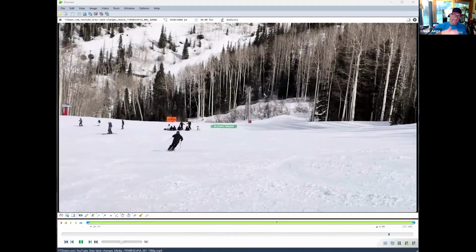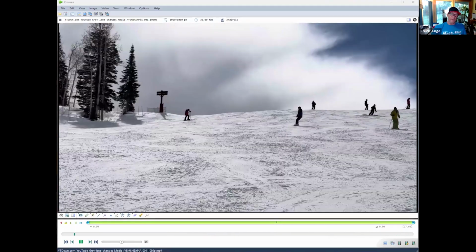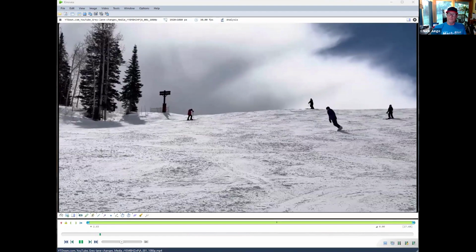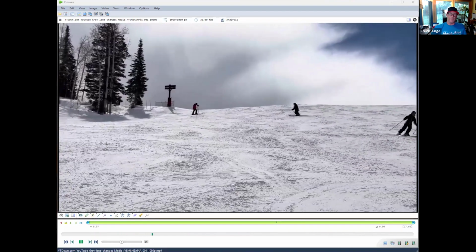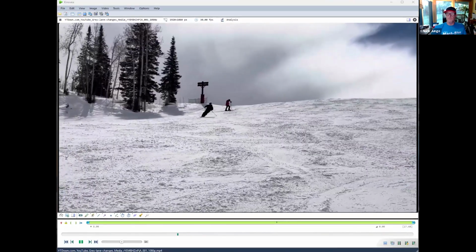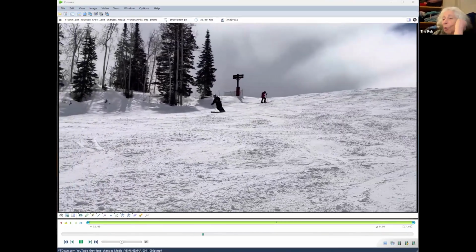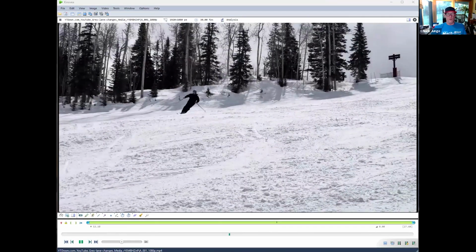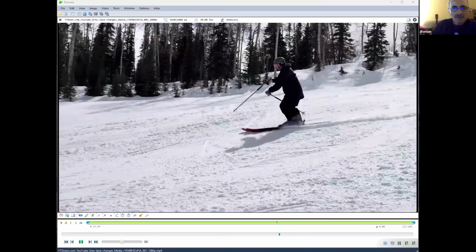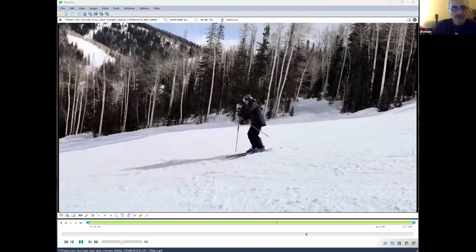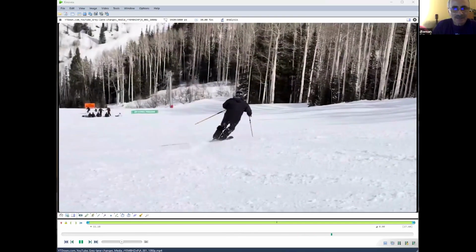If you bank, you're really giving up a lot of pressure to the inside ski if you don't shorten the inside leg. But as soon as you shorten the inside leg, now you're starting to create some angulation, aren't you? Is this guy creating any angulation, or is it all inclination? And edging could be achieved in this case via excessive inclination.